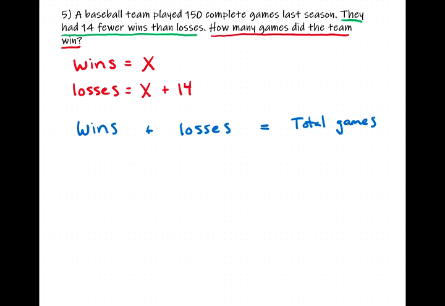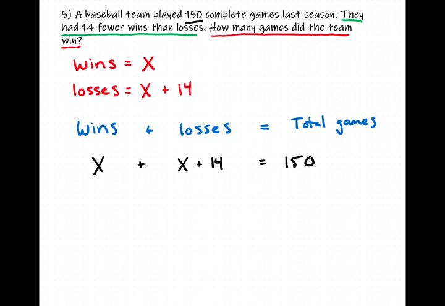So if you take all the wins and all the losses, that must equal the total number of games. So now let's translate this to an algebraic equation. The number of wins, we're calling that X. The number of losses, we're calling that X plus 14. And the total number of games played, well, that's given in the problem. That's 150.